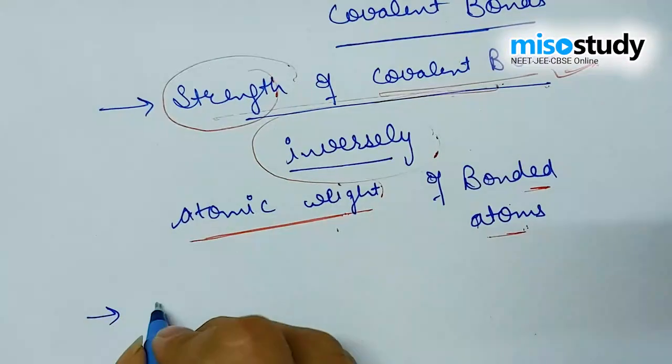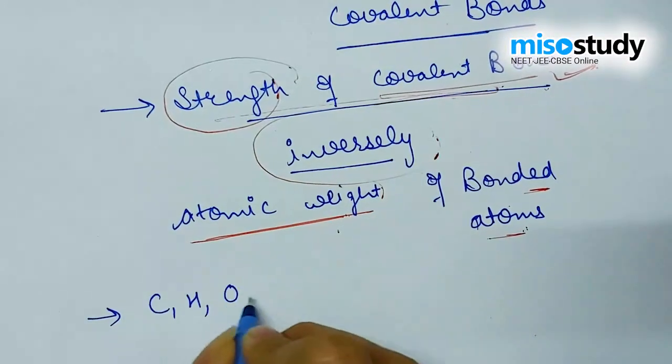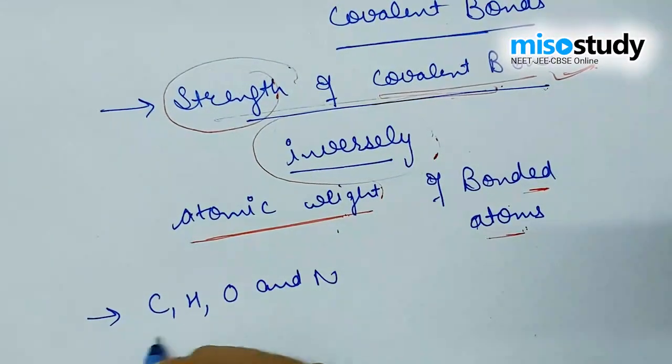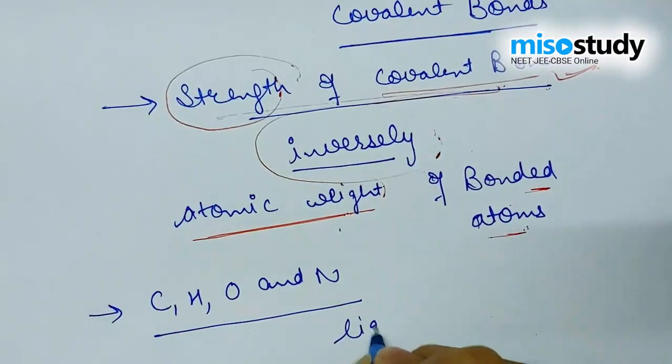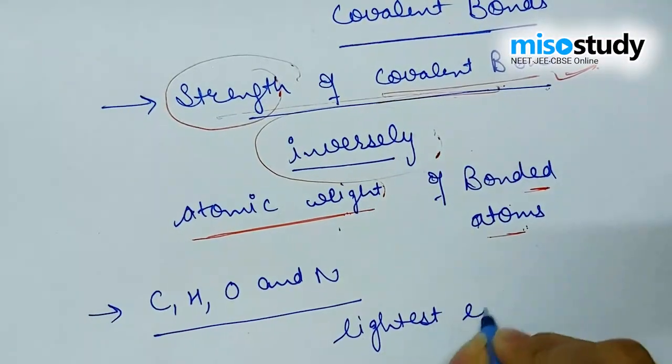According to the discussion, carbon, hydrogen, oxygen and nitrogen are the four lightest elements.